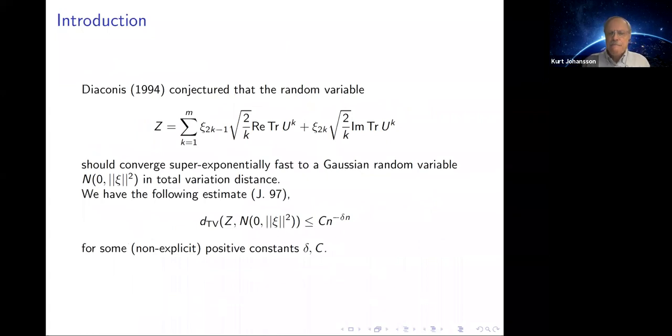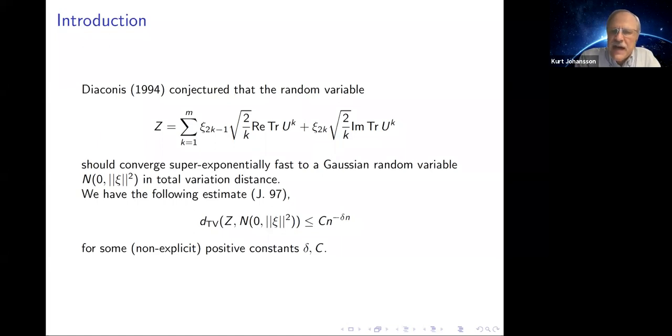More precisely, Diaconis conjectured in 1994, that's when I learned about this conjecture, that this linear statistic, the sum of the g(theta_j), should converge super exponentially fast to a Gaussian random variable. This in no way follows immediately from the fact that the moments are equal up to high order, but it may still be natural to conjecture that they should be very close.